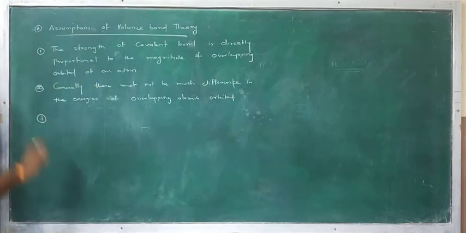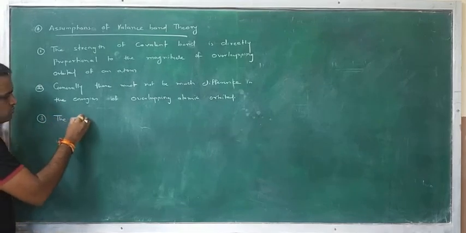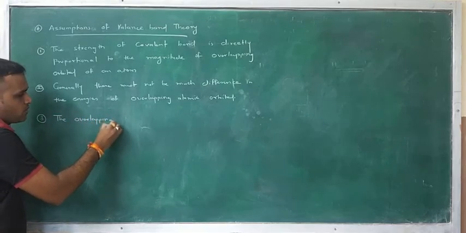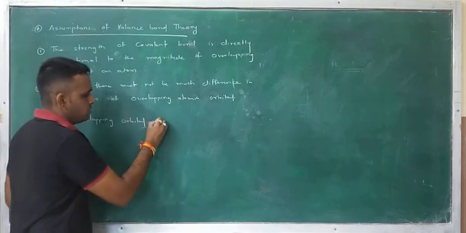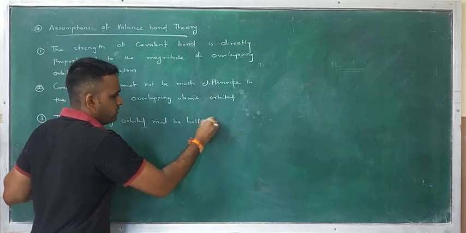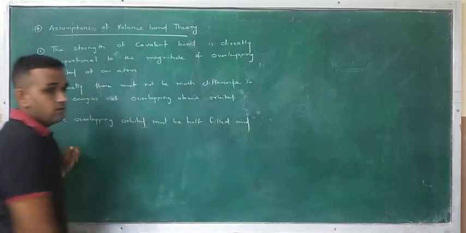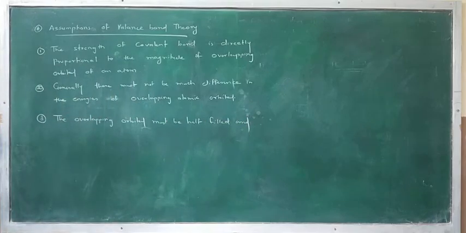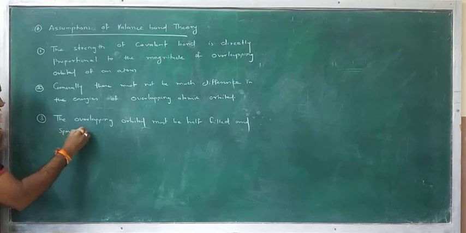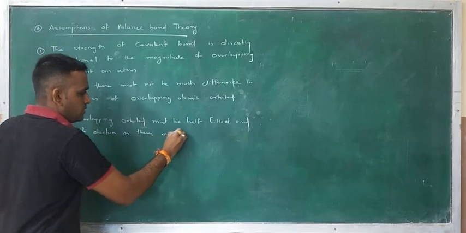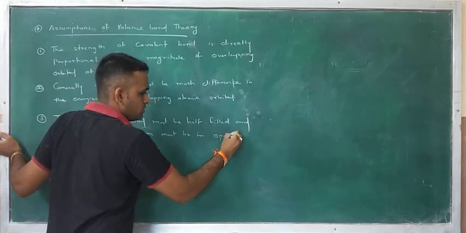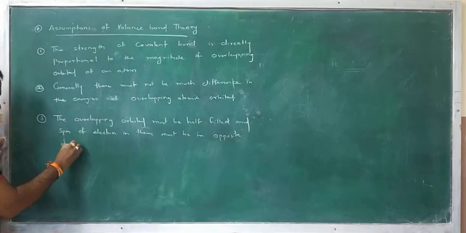Third point, he says that the overlapping orbitals must be half filled, and the spin of the electrons in them must be in opposite direction, right?